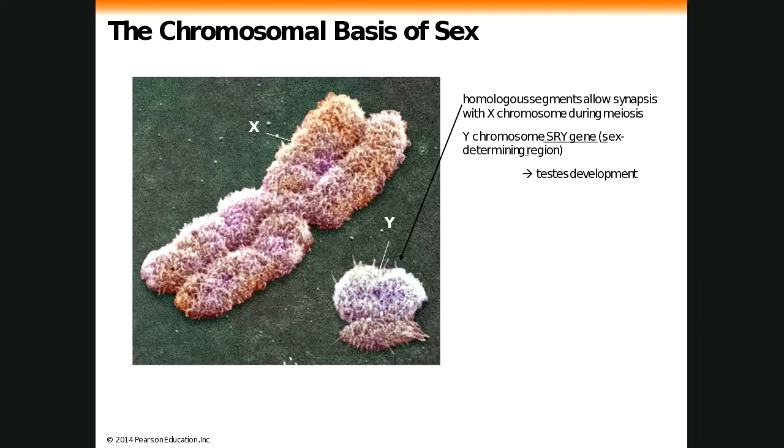So basically among organisms, they have one pair of sex chromosomes, and then all the other ones are called autosomes. In human beings, we have one pair of sex chromosomes and 22 pairs of autosomes, and that makes us up 23 pairs.